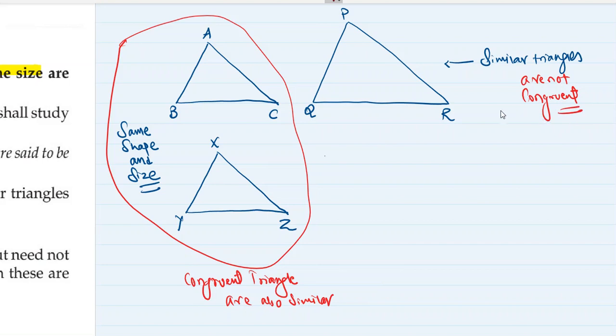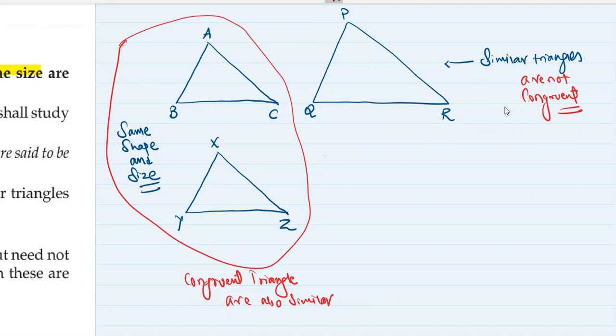Because for congruency, two shapes should be alike in all aspects. Two geometrical figures should have the same shape as well as the same size. So ABC and PQR are similar but not congruent, but ABC and XYZ are congruent as well as similar.